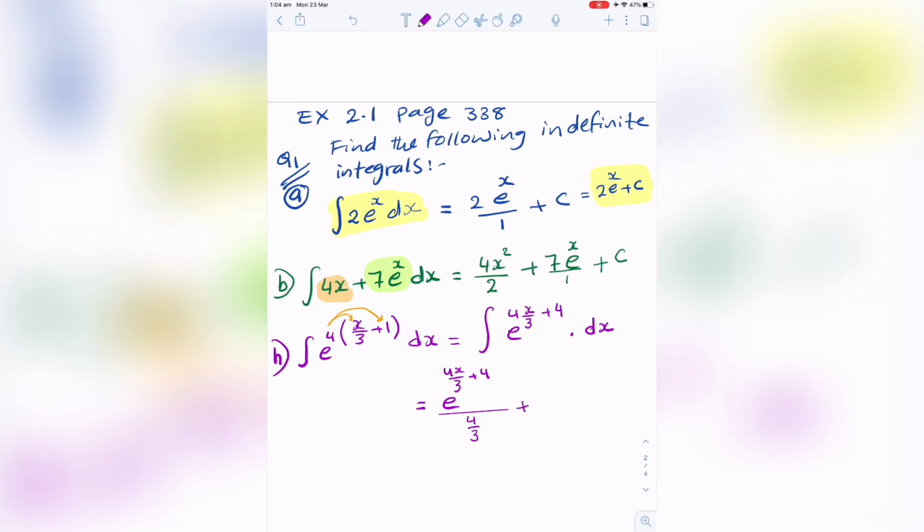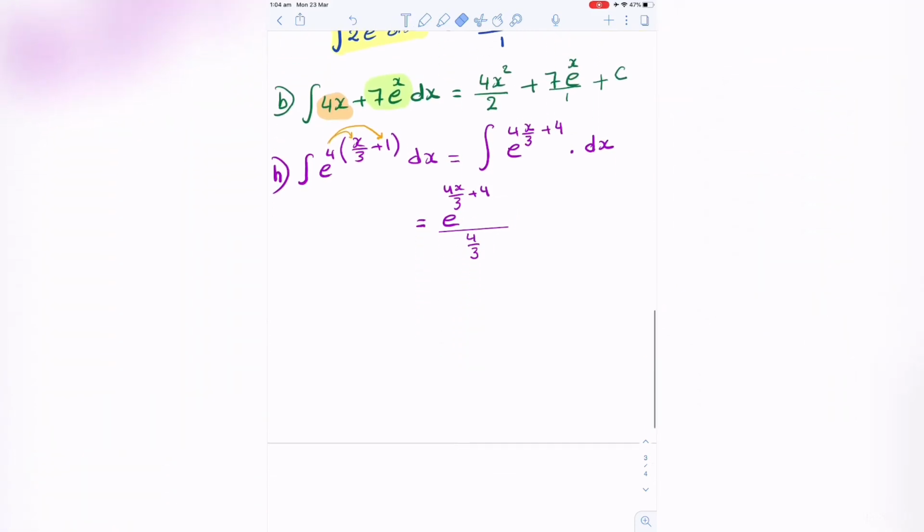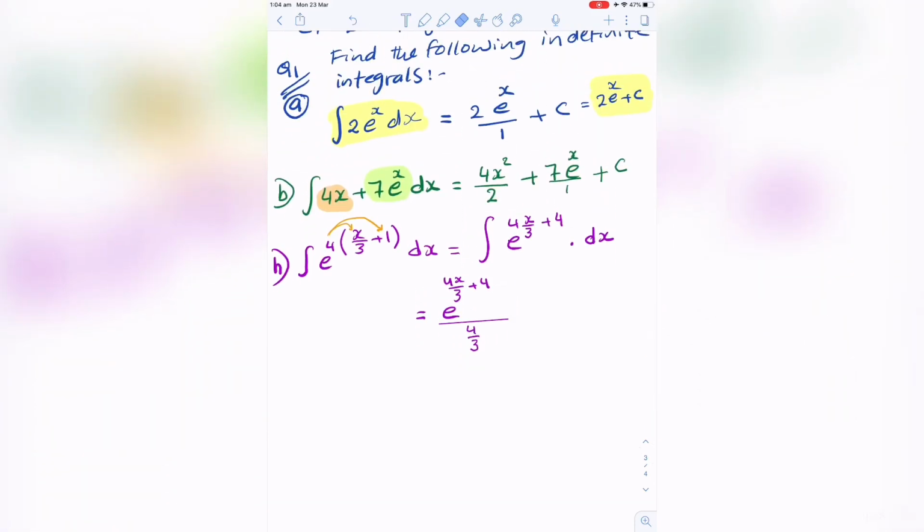Plus, I'll leave this constant here at the end. Because this is divided by 4 over 3, I flip it over, so it becomes 3 over 4.